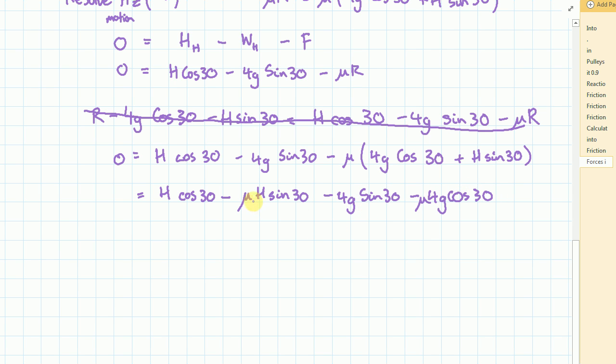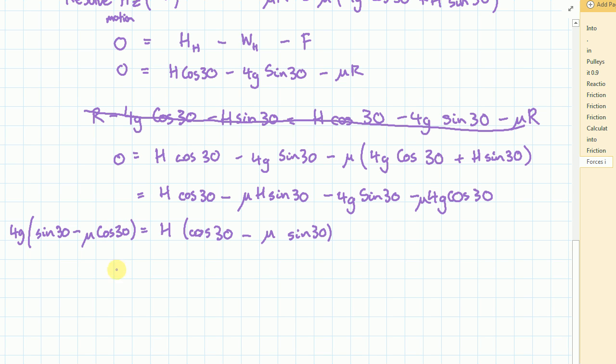Rearrange things so that we get the H's together: H times (cos 30 minus mu sine 30), and we've got the 4g on this side, 4g times (sine 30 plus mu cos 30).